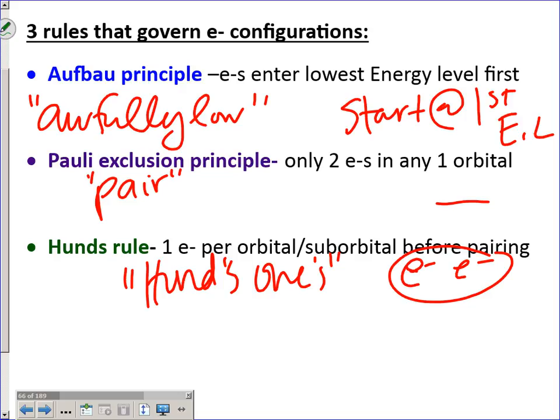And then you go down and you're in this block. I said over, and you're like, whoa. So I'm still in period 2. I'm still on the second row. But I'm in the P block.